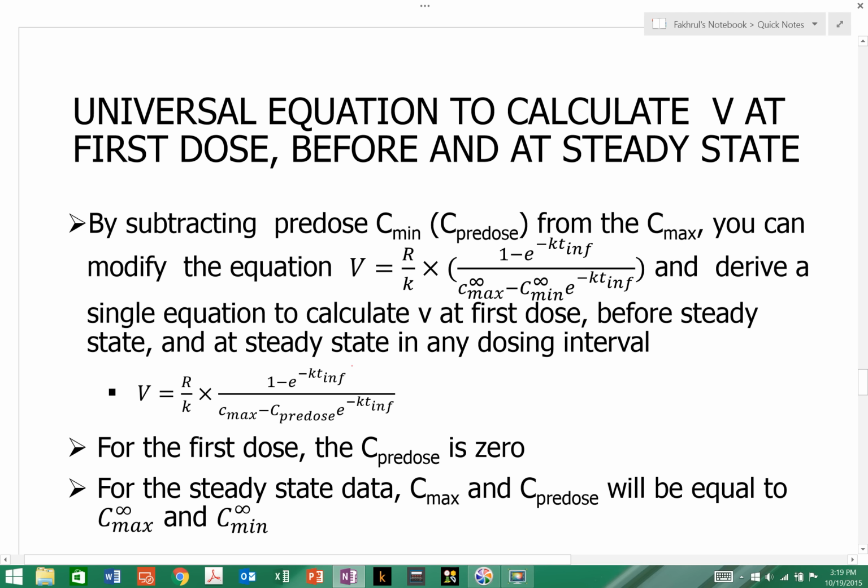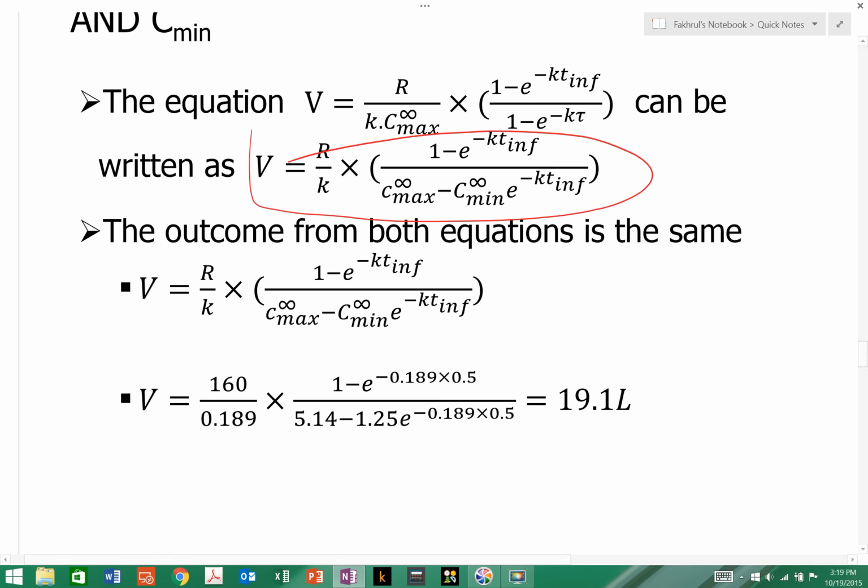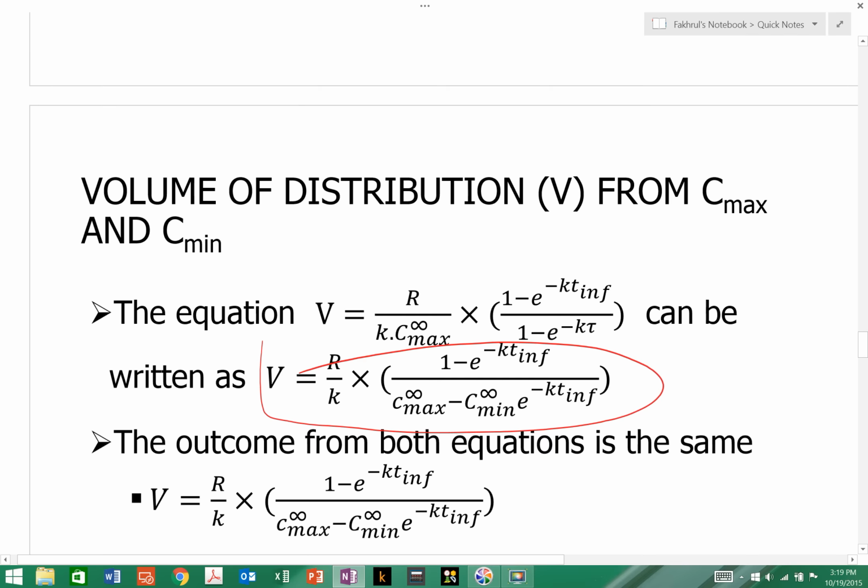When you use first dose, the pre-dose concentration would be 0, but for steady state, Cmax and pre-dose will be equal to Cmax at steady state and Cmin at steady state. But most of the time you use this equation.